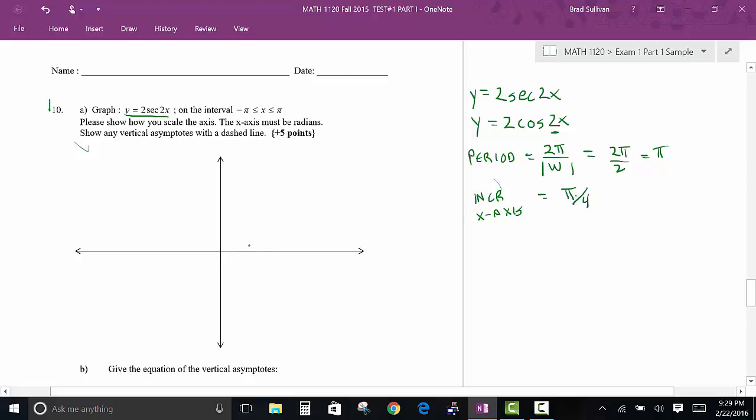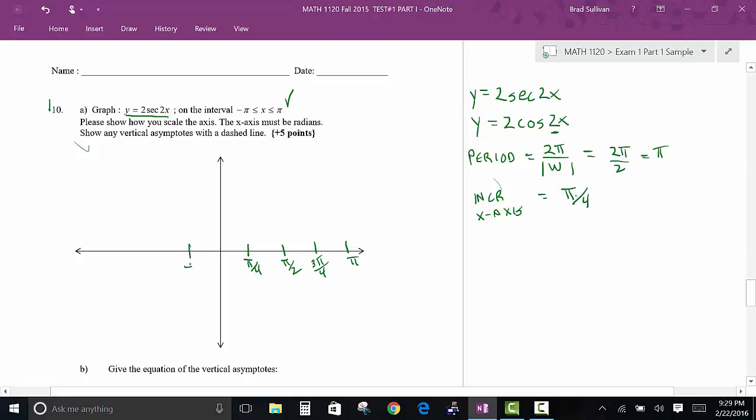So then what you do is you count this out. We need to count this out on the x-axis. Go by pi over 4. So pi over 4, 2 pi over 4, 3 pi over 4, 4 pi over 4. Of course, reducing the fractions. Okay, and we're going to take that interval up to pi.